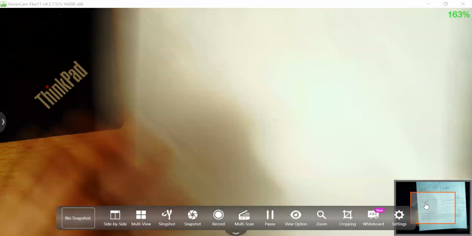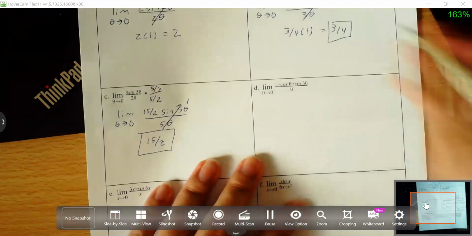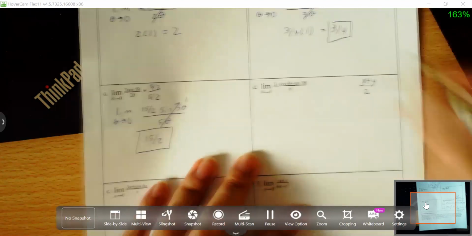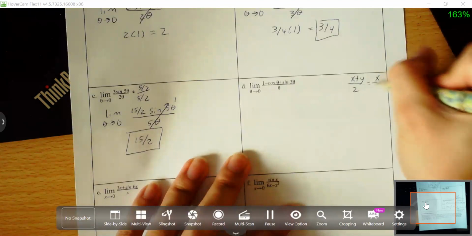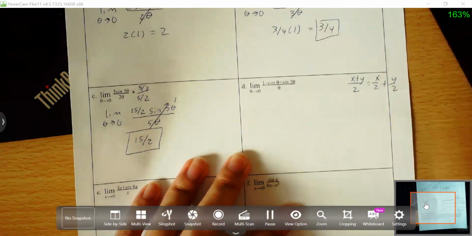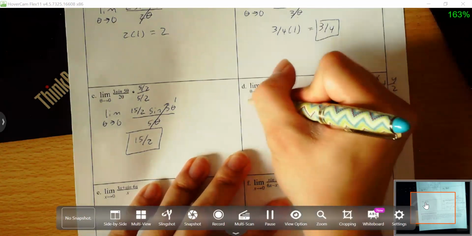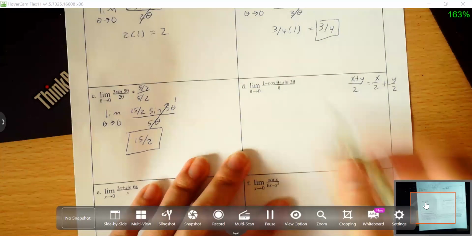So what I'm going to do is, remember that you could do this in math. If you have x plus y over 2, this is the same thing as x over 2 plus y over 2, right? So I'm going to go ahead and do that here. I'm going to break this up using limit properties.